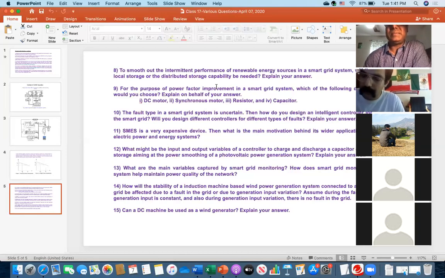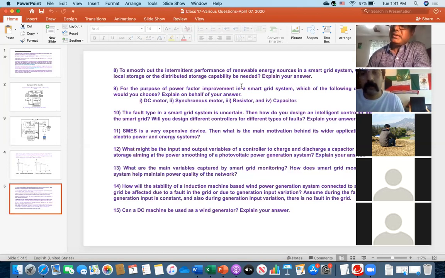It has the control capability that can maintain or suppress or mitigate the frequency, power, and voltage fluctuations. Do you understand? Okay.